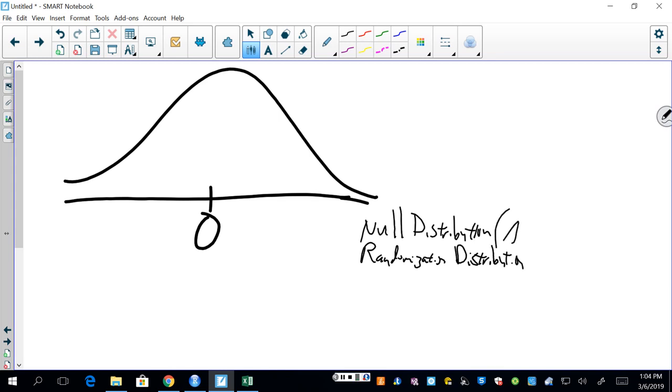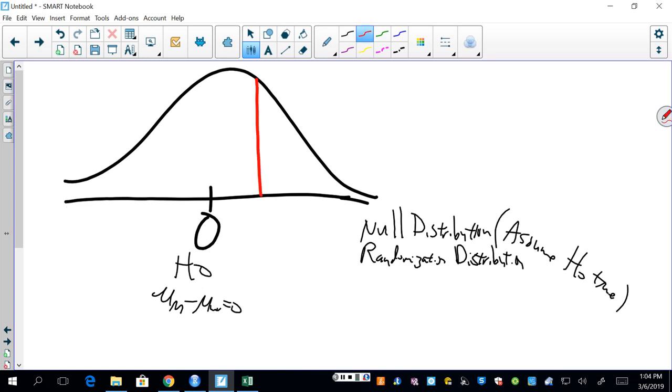Either way, it's a distribution of a statistic assuming that H0 is true. So this is where H0 is true. The average for the men minus the average for the women is 0. Our actual value ended up being about here.